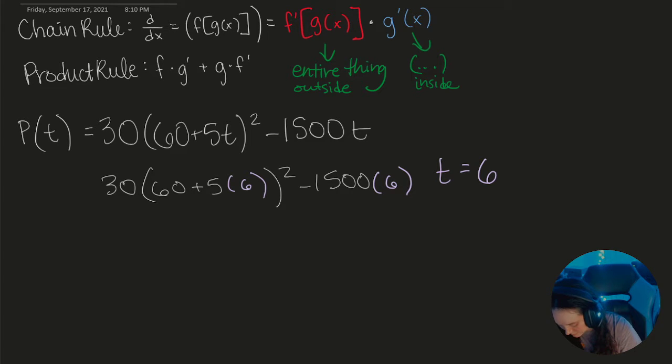Okay? So I'm going to go ahead and work that across. So this right here is going to give us negative 9,000.